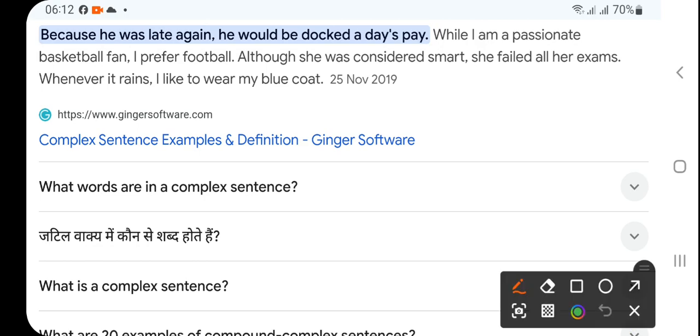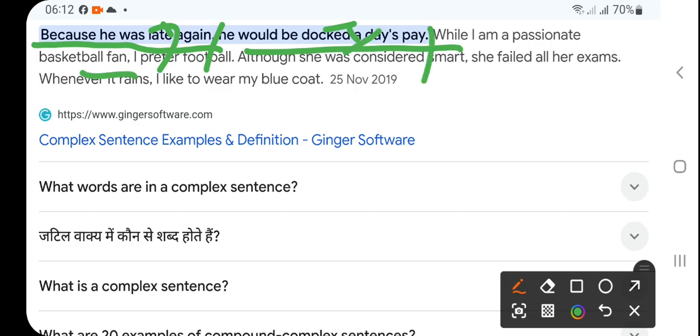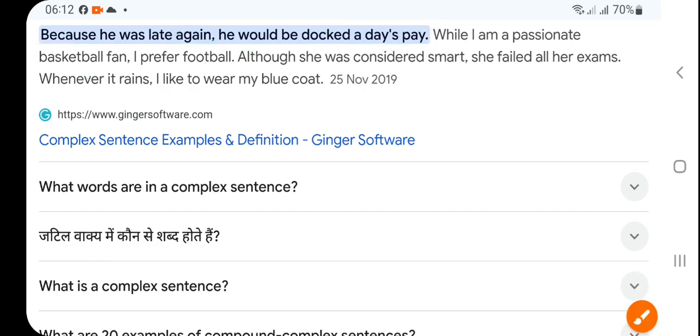These are different examples. First is: because he was late again, that is the dependent clause, and he would be docked a day's pay is the independent clause. Then next example: while I'm a passionate basketball fan, I prefer football, independent clause.